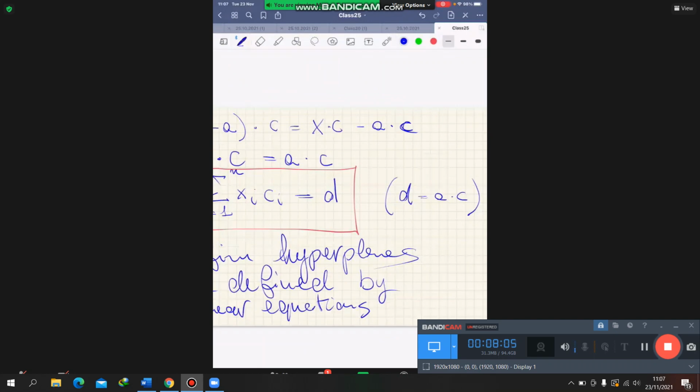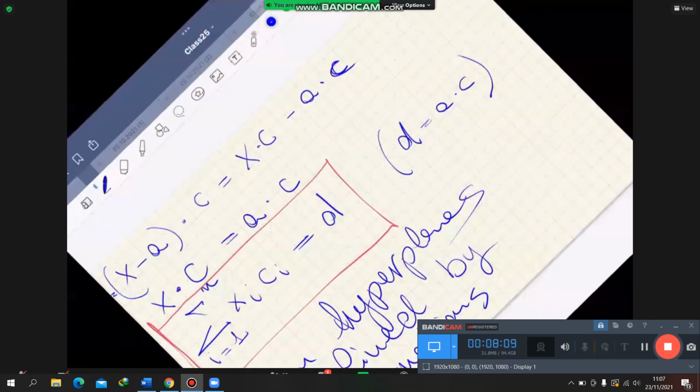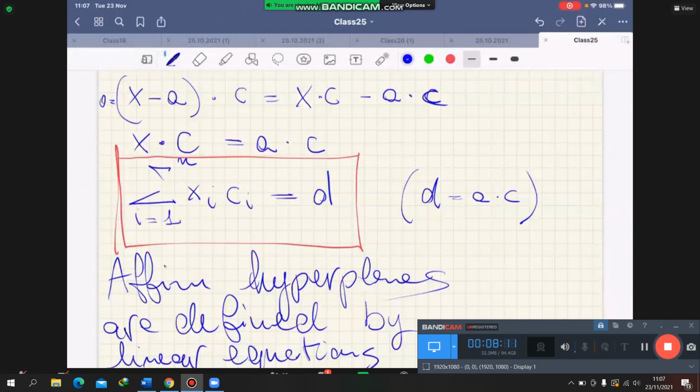It would be more precise to say by affine equations, because this d is different from 0. But since you are used to calling them linear systems, it's okay for you to call them linear equations even those.